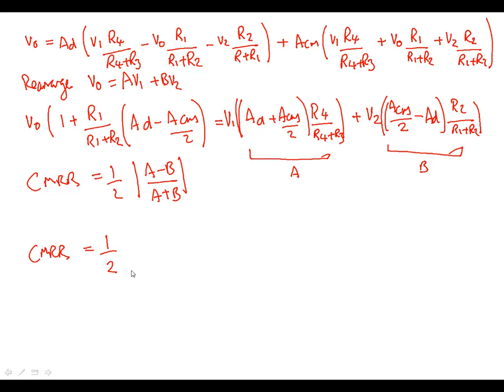So here we are, common mode rejection ratio is a half. Now these expressions are going to get quite complex. We're taking this term here, AD plus ACM over 2, R4 over R4 plus R3. So that's my A term. Let's write that down.